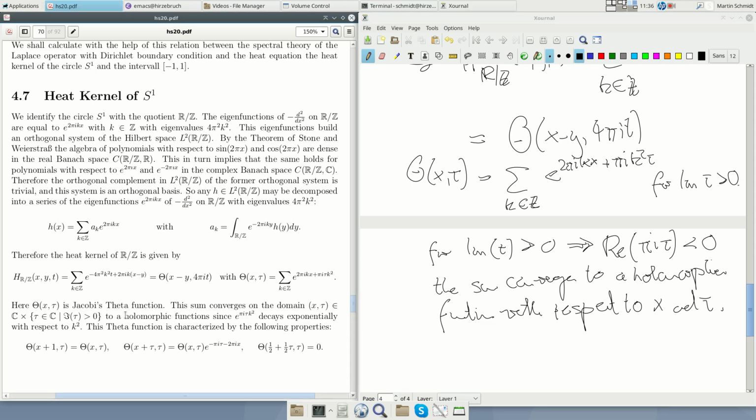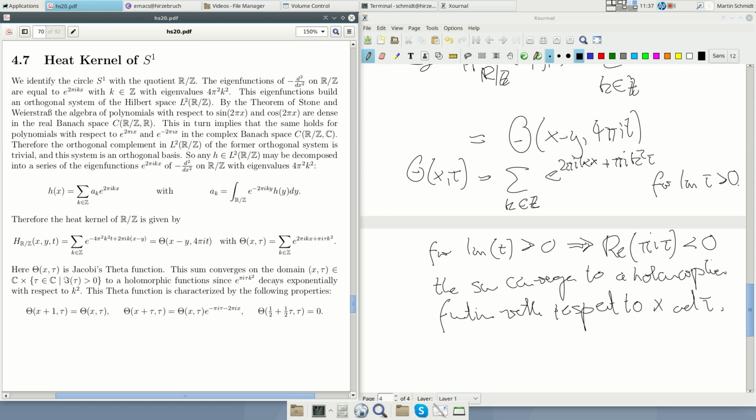Okay, this theta function is characterized. You can find in textbooks this theta function, and it's characterized by 3 properties. It's periodic with period 1, and it's quasi-periodic in the direction of tau, where we get this phase, and it has roots at these places.